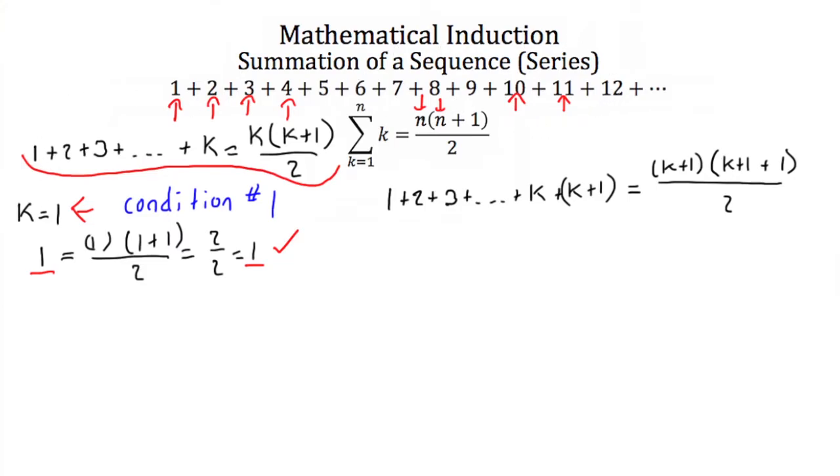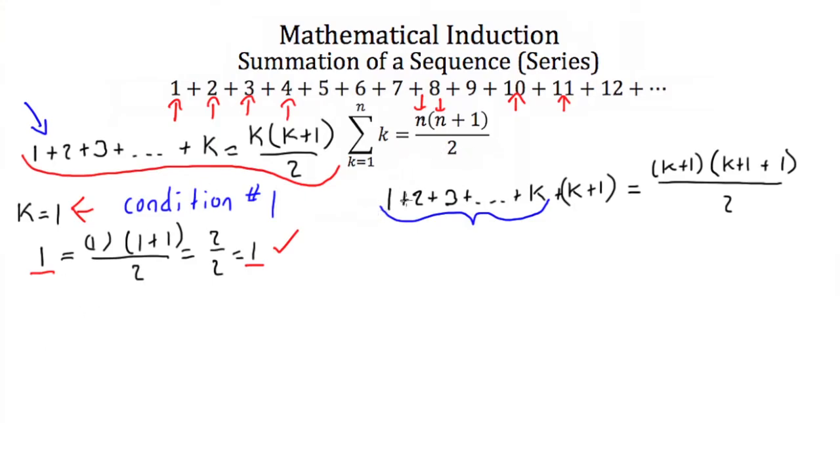Now the way to check this is you have to remember that we assume that this statement, since 1 worked, this statement is true for all values of k. Well, if you look at what I have right here, this is the left-hand side of this equation.